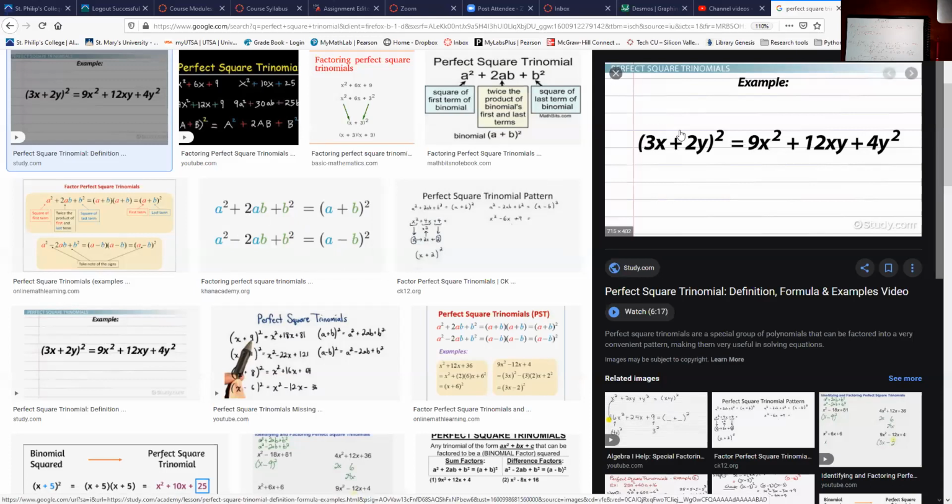Looking at this one, you see how it's something squared, 9x squared, and then a 4y squared. So it can be factored into this. We're using perfect square trinomial factorization, which you probably first saw in developmental math or freshman year in high school. I'm sure it's been a while for all of us.